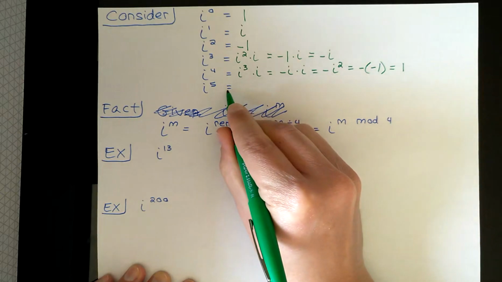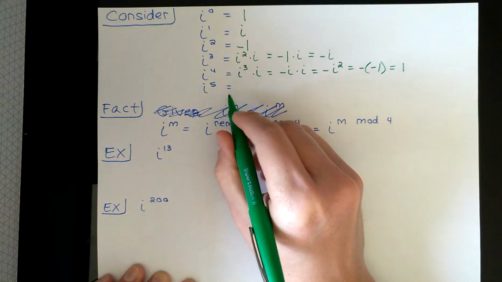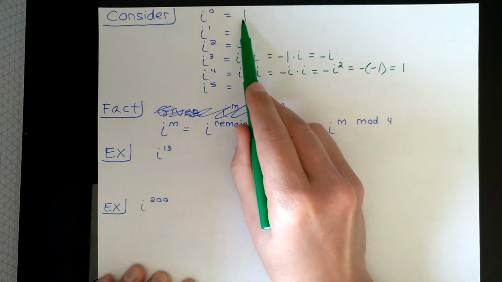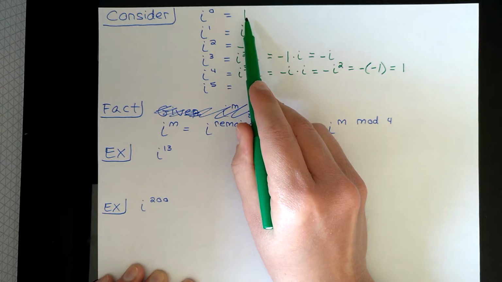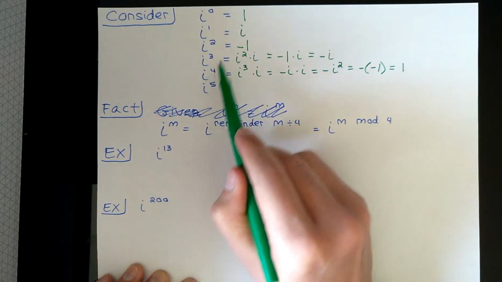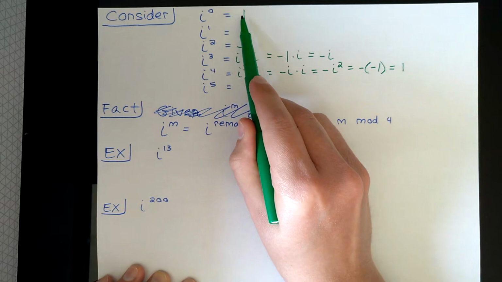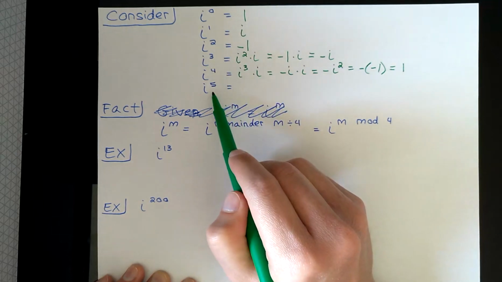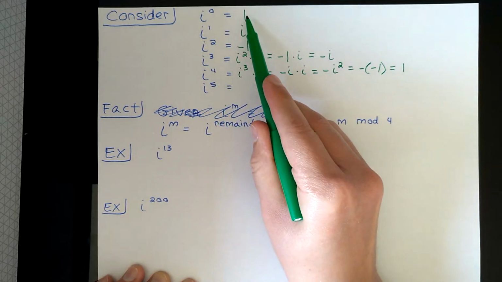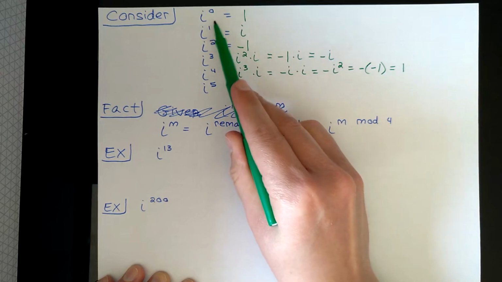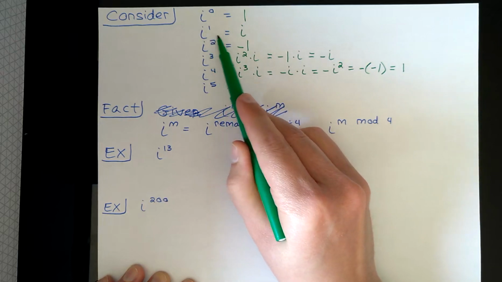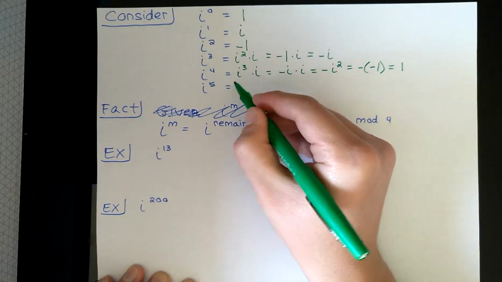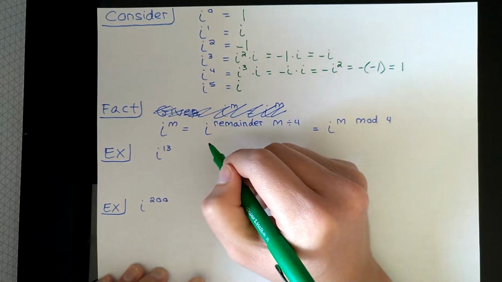So what should i to the fifth be? Well, notice we've just restarted back at the beginning. i to the fourth is the same thing as i to the 0. So i to the fifth should be whatever comes after i to the 0, which is i to the first. So i to the fifth is just i.